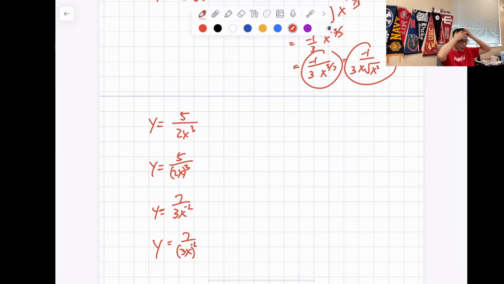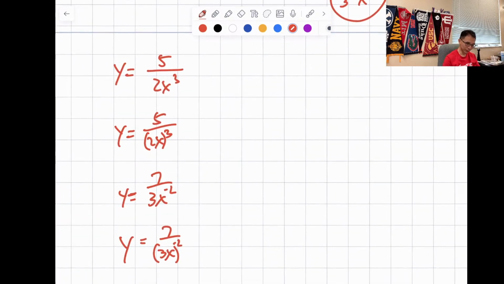Oh, wait, all five functions? Or four. Sorry, I can't count. The last one is 7, yeah.